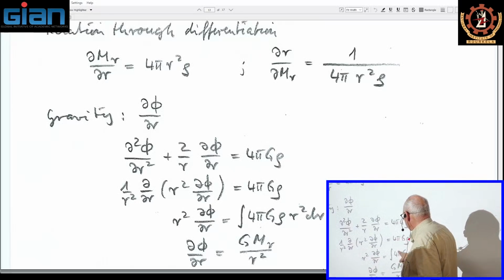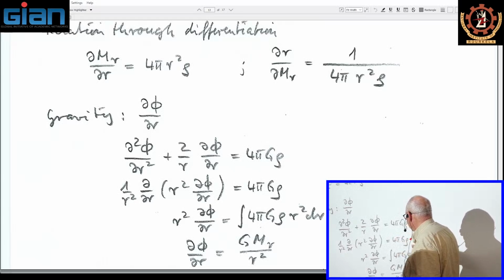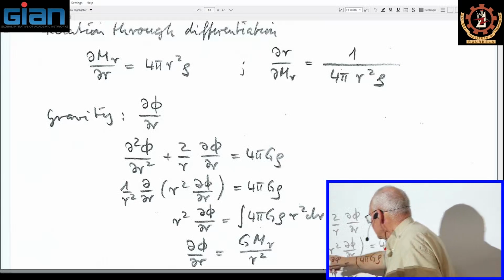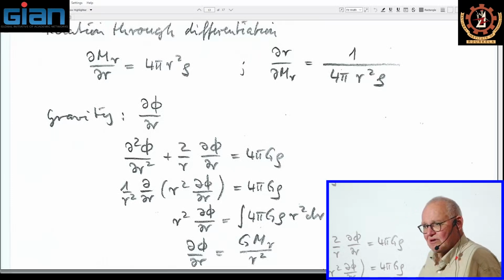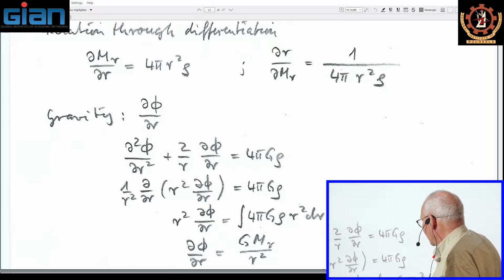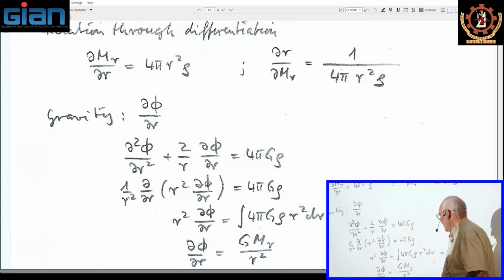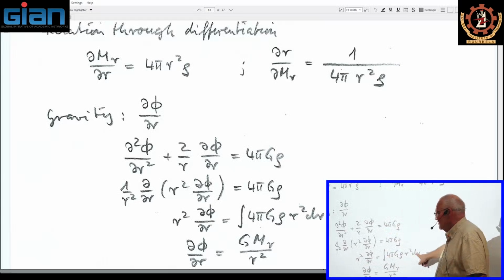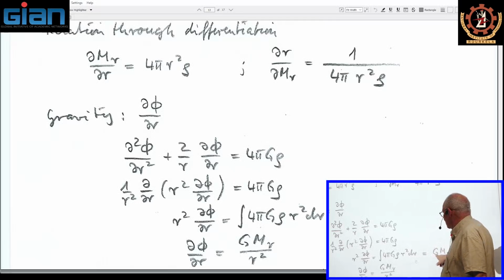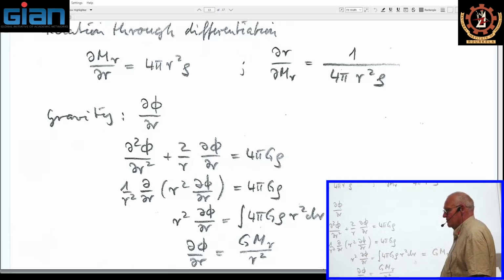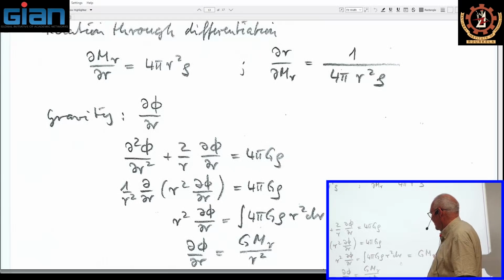So on the right hand side, we have 4 pi G rho times r squared integrated over dr. Then the left side is r squared times d phi by dr. The right hand side is G times m_r, just by definition of m_r.